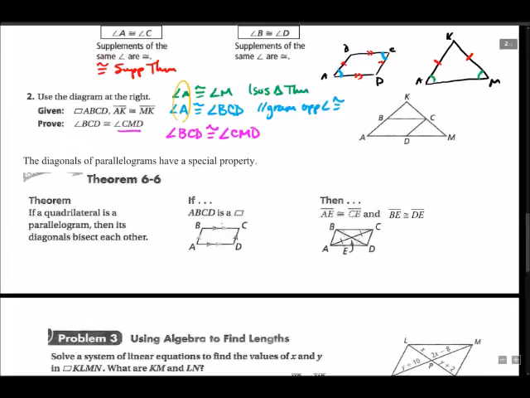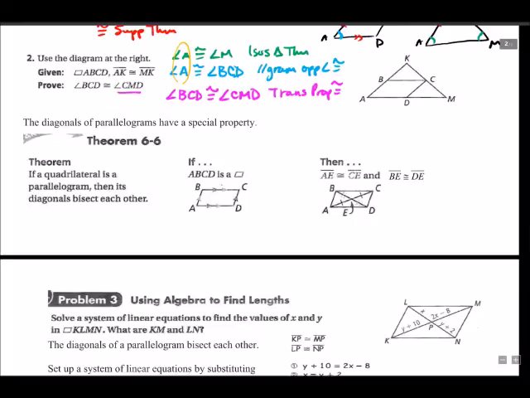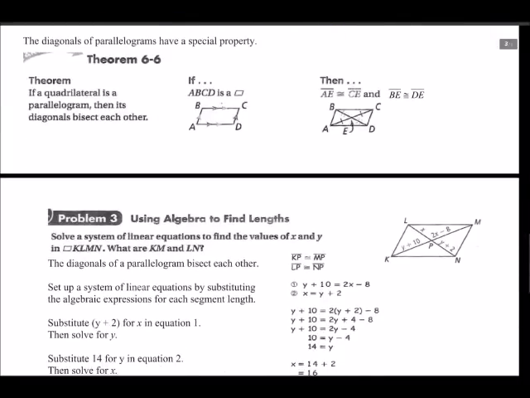And why do we get to do that? Our friend, transitive property of congruence. So, welcome back, proofs. That one was pretty easy. All right, that's 4 things now that we know about parallelograms. On to number 5, and this is the last one here. Lots of good stuff about parallelograms.